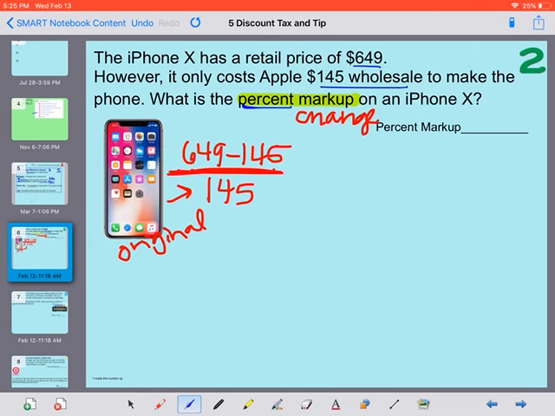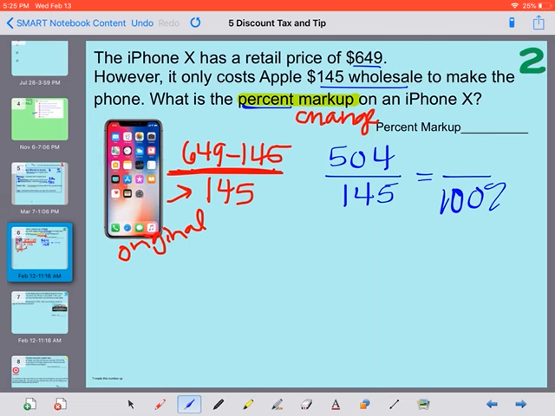So $649 minus $145 gives us $504. Our original price was still $145. So if we divide this, it will give us the percent as a decimal, and then you have to multiply by 100 to get the percent.